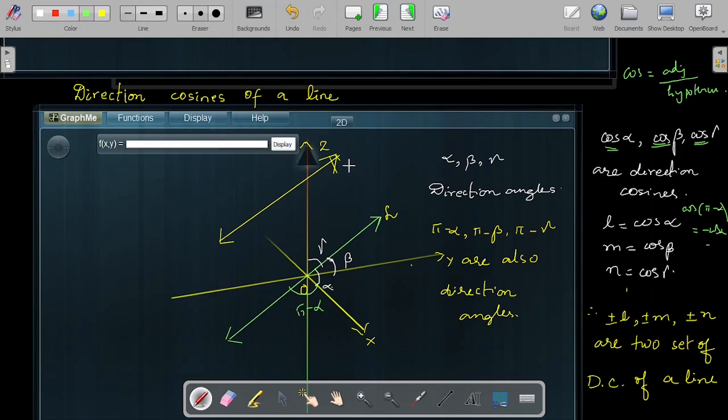So now, instead of measuring the angles alpha, beta, gamma, we have converted that into some real numbers, L, M, N. So L, M, N are real numbers.